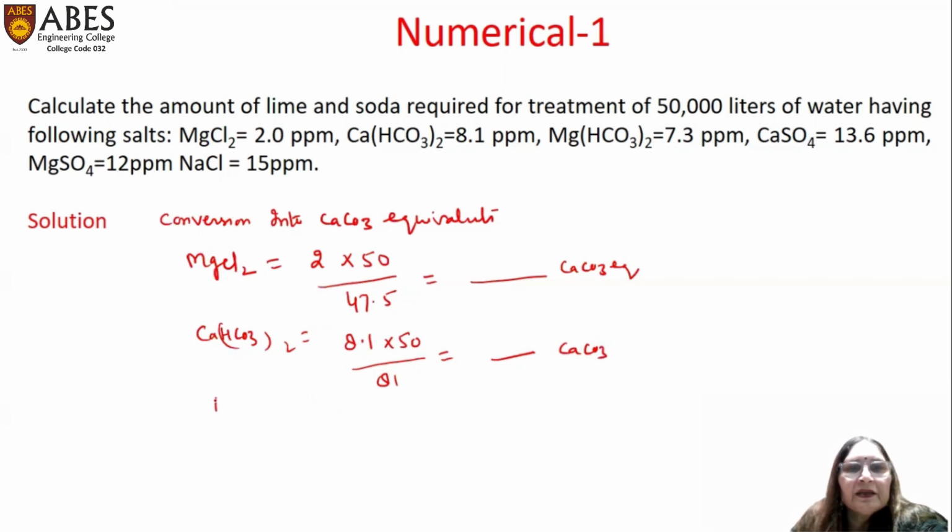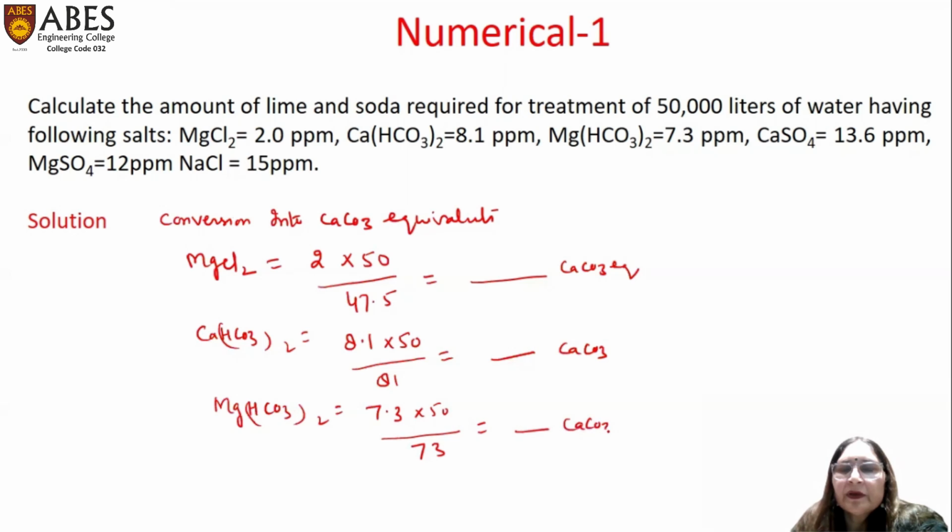After that, magnesium bicarbonate: the amount given is 7.3 into 50 divided by 73, converted into calcium carbonate equivalent.